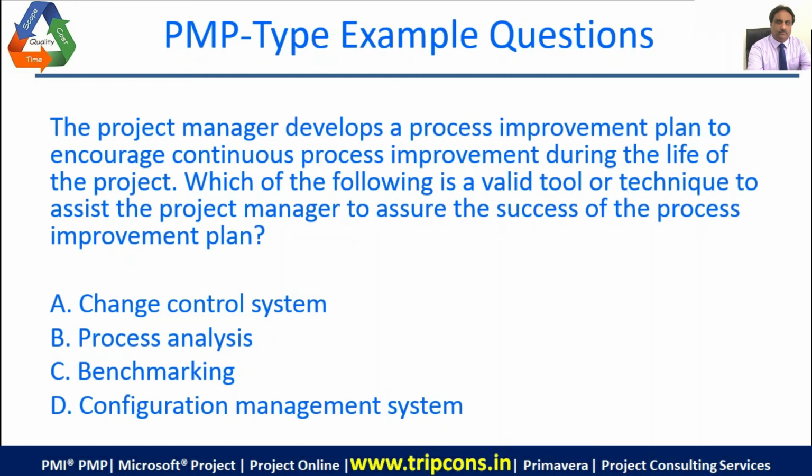Then the project manager develops a process improvement plan to encourage continuous process improvement during the life, which of the following is a valid tool or technique to assess the project manager to assure the success of the process improvement plan.